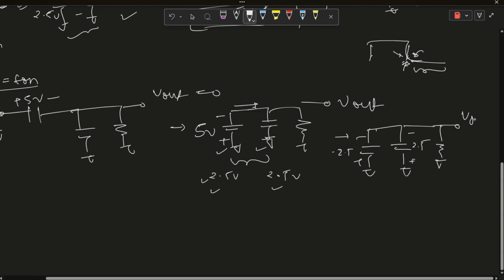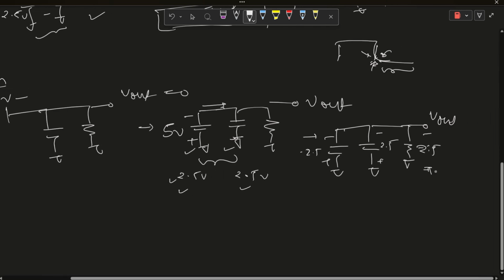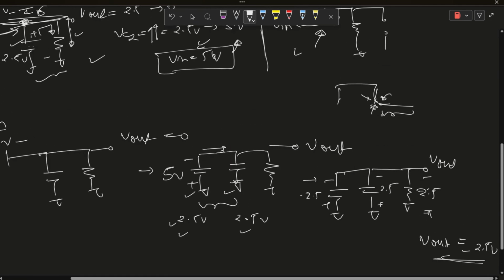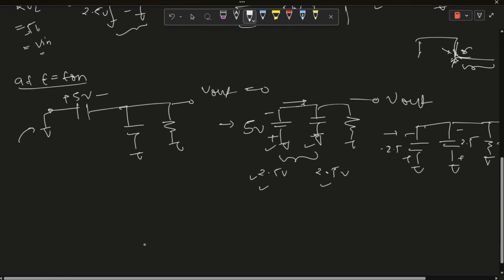This is the resistor, this is V out. If we go by the negative sign convention, then V out is minus 2.5 volt. So instantly when it reaches 0, the output goes to minus 2.5 volt.